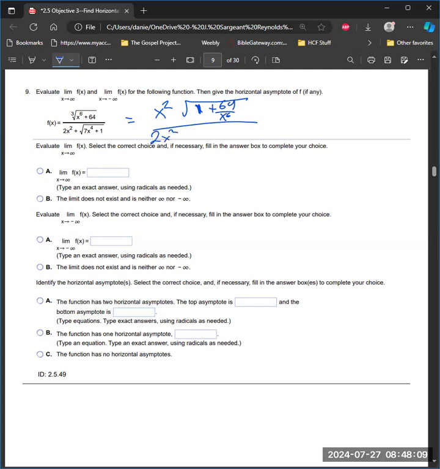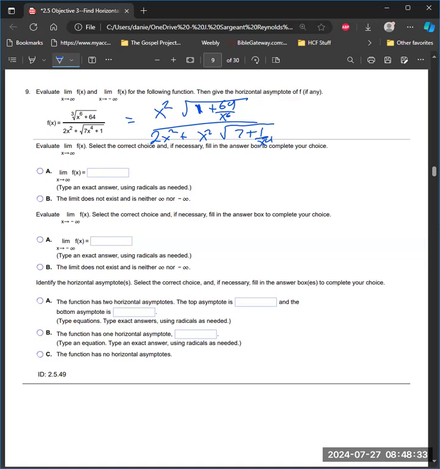This is an even index, so when I pull the squared out, it's going to be like that. I don't need absolute value bars around that because it's already going to be positive because it's an even power.